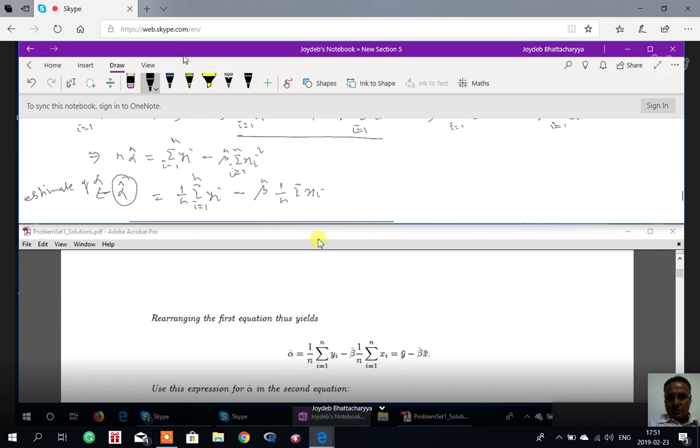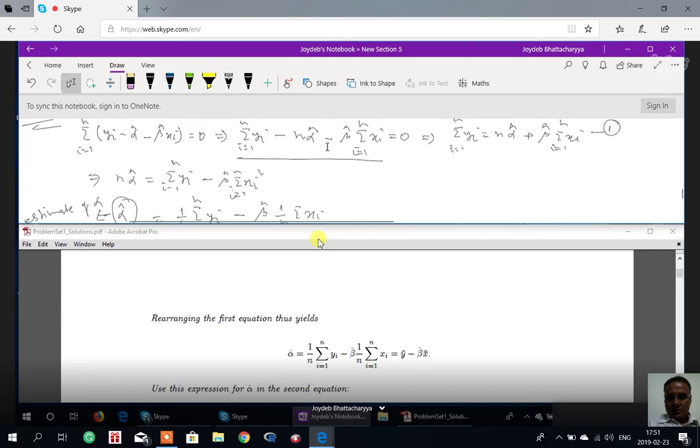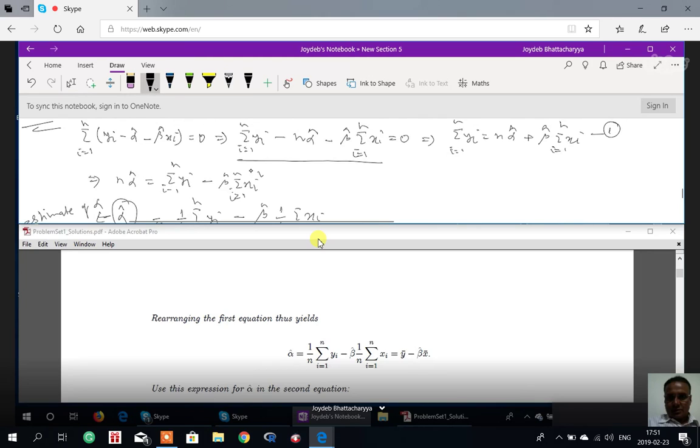There is no square in this, I mistook the square. This will not be there.